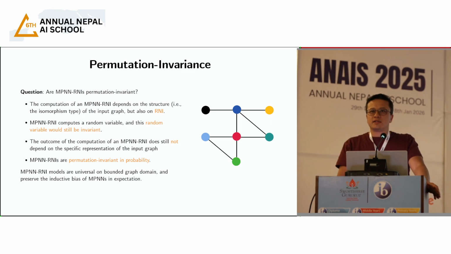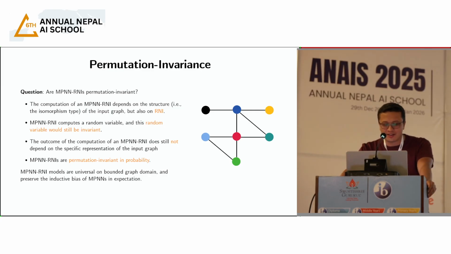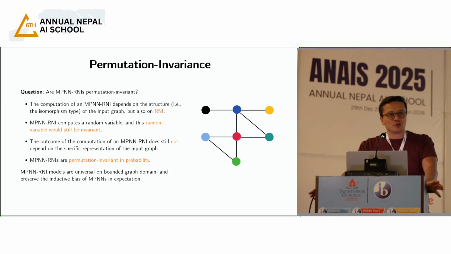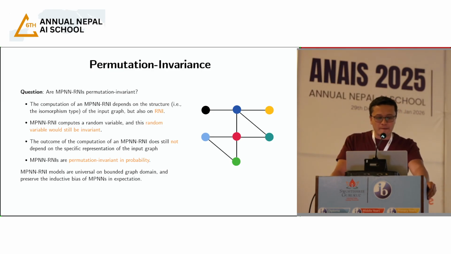But by doing this, did we hurt invariance? Because now, what happens to isomorphic graphs? There's no guarantee that I will map them to the same output anymore. So this permutation invariance that I cared a lot about initially is hurt. It's not permutation invariant, strictly speaking.